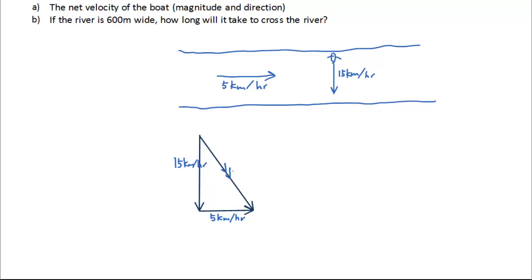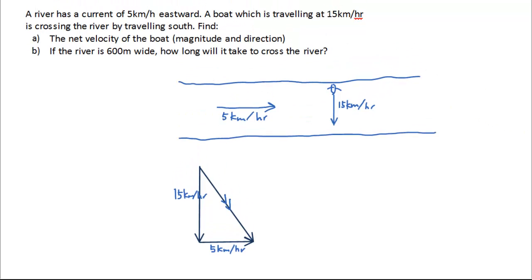And what does the question want? It wants the net velocity of the boat. The net velocity of the boat is this resultant vector. So let's call that vector u. So u is equal to the net velocity of the boat, and the first thing we want is the magnitude of u. How do we find the magnitude?